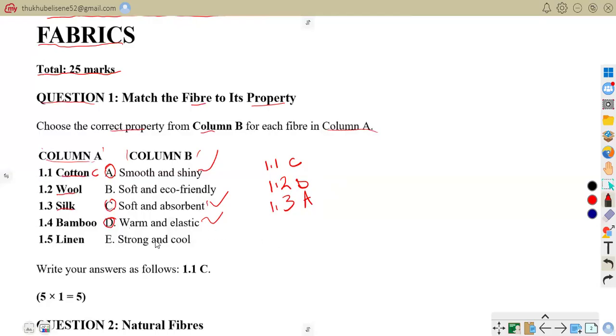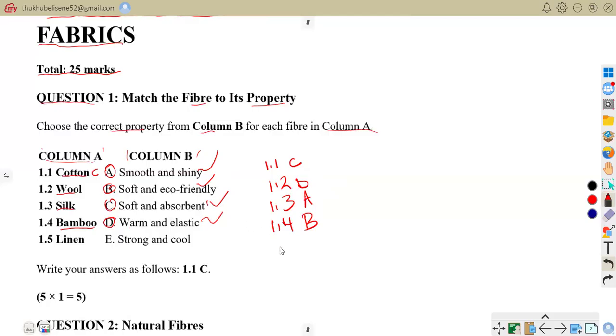Now we come to 1.4, where we have bamboo. The correct answer for bamboo is B. They are soft and eco-friendly. Bamboo fabric is soft and can break down naturally.